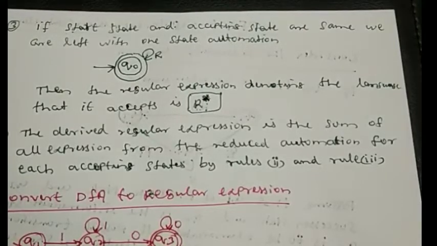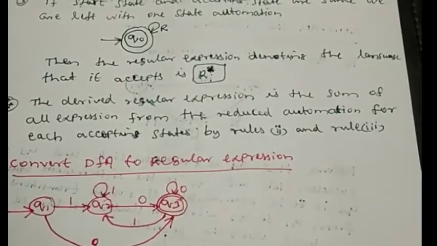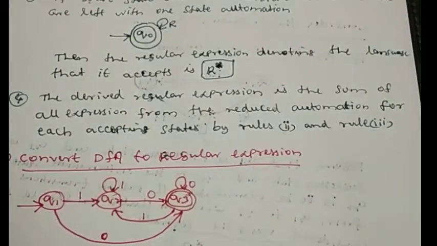In this case, Q0 is considered as the initial state as well as the final state, and it makes a self loop called R. So you can write the regular expression simply as R star if this is the case. Finally, you should derive a regular expression using a reduced format by using rule number 2 and rule number 3, which we have discussed so far. This is the rule number 4.